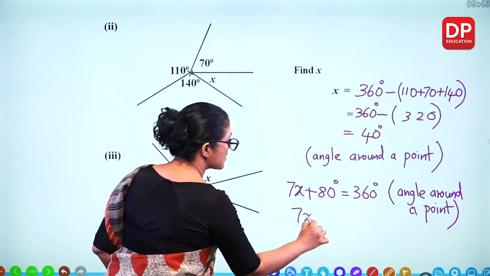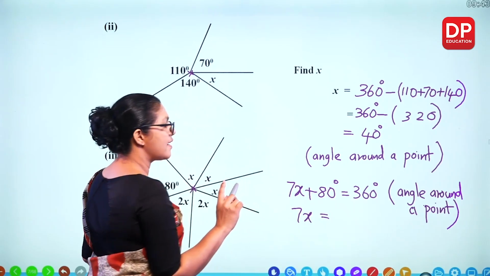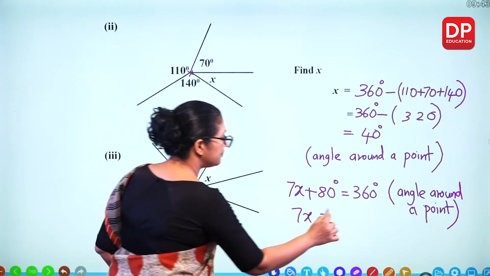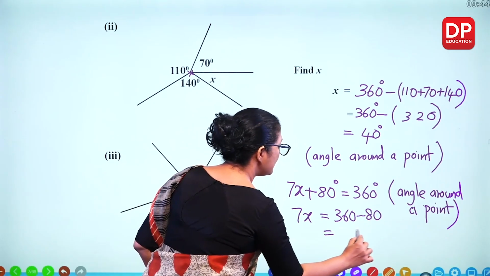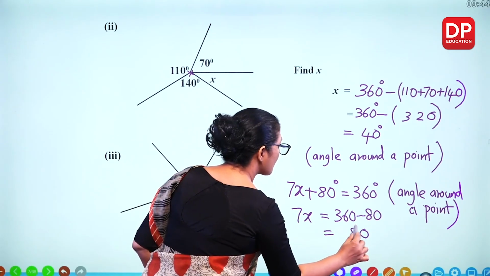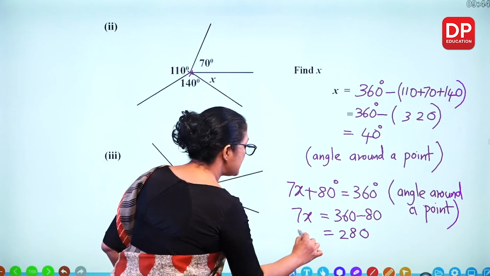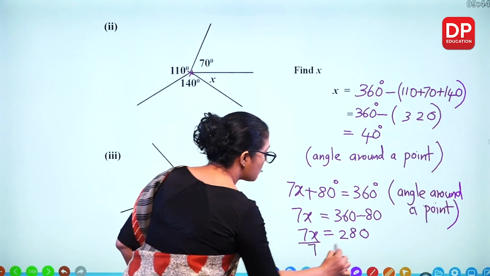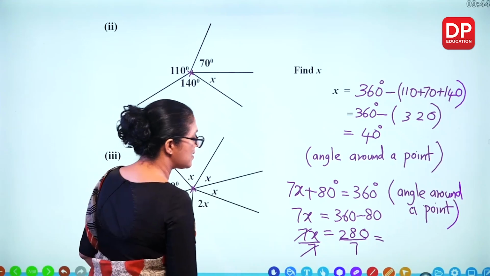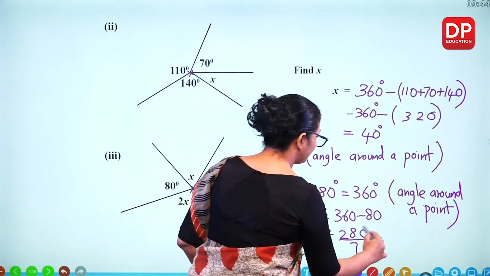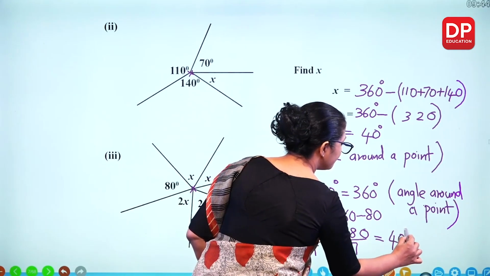So 7x is 360 minus 80. So what's the value? 280. So when you divide this by 7, you get x equals 40 degrees.